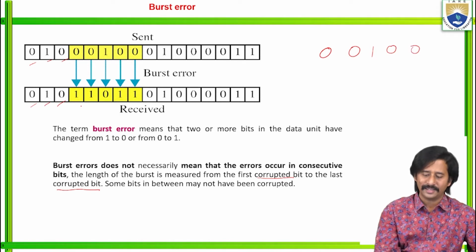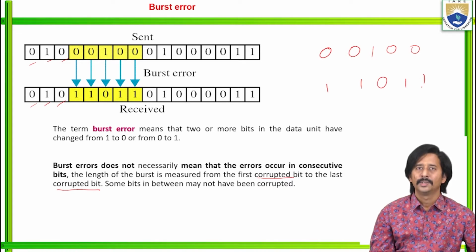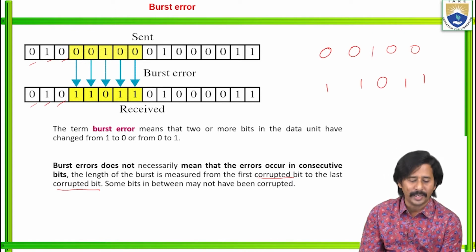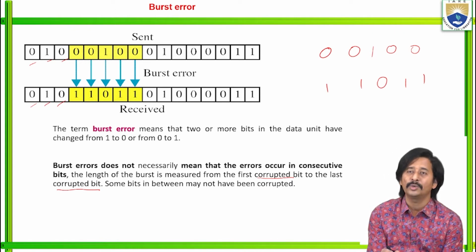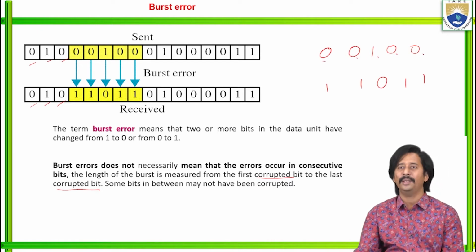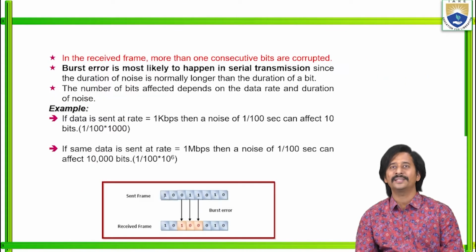But whereas at the receiver side, the opposite, 1 1 0 1 1. So the burst error means that 2 or more bits in the data unit have changed. 1 2 3 4 5 bits. In this example, 5 bits. Right? So that specifies the burst error.